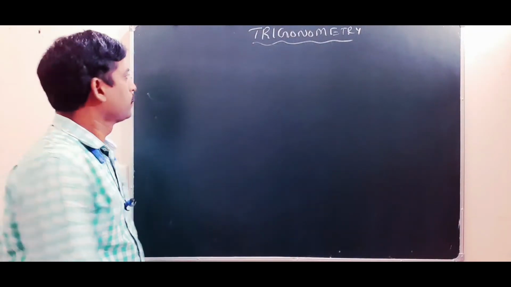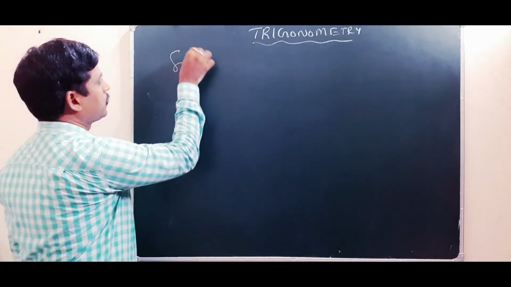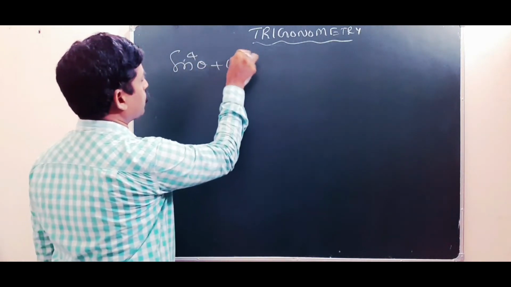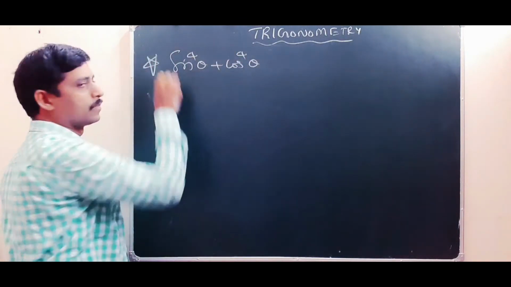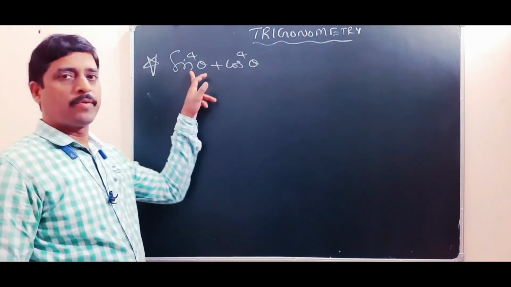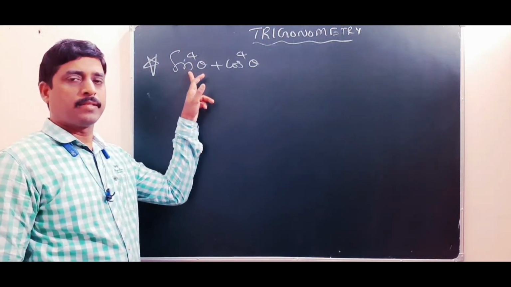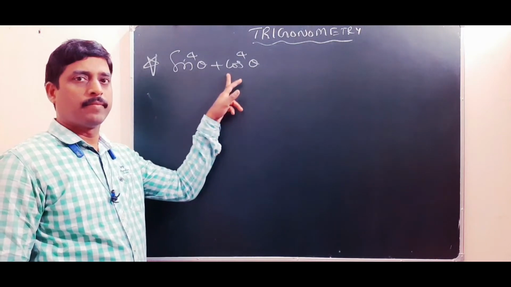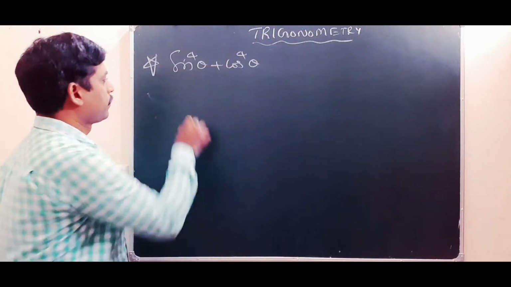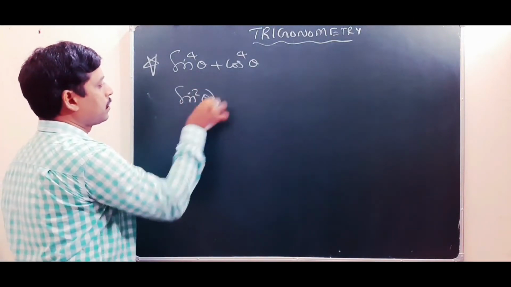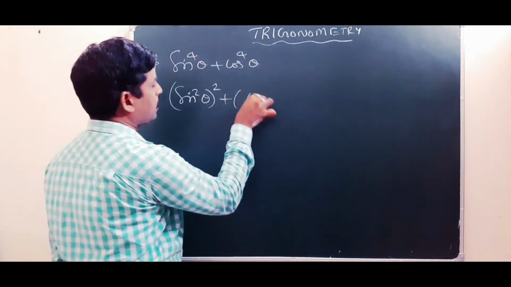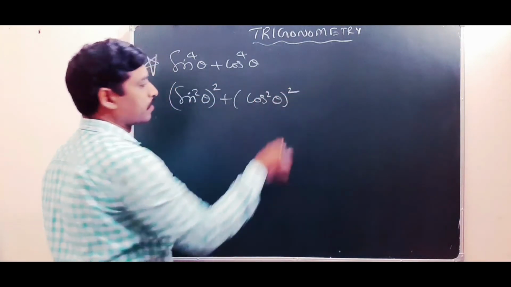Okay, now explain sin to the power 4 theta plus cos to the power 4 theta. Sin to the power 4 theta can be written as (sin square theta) whole square plus (cos square theta) whole square.